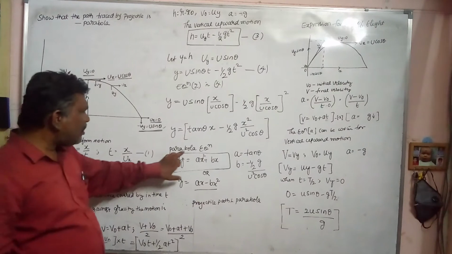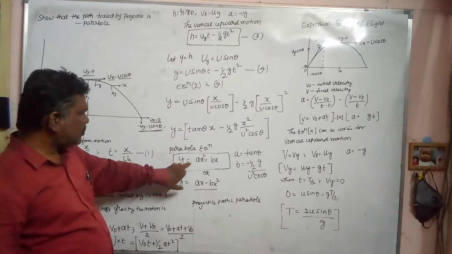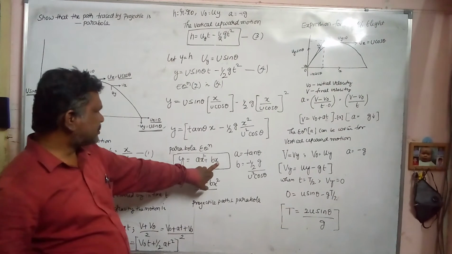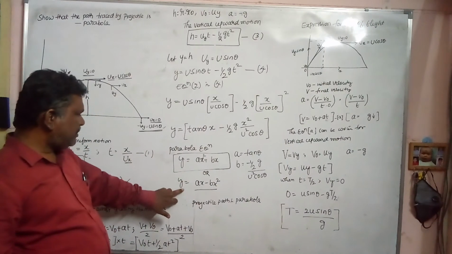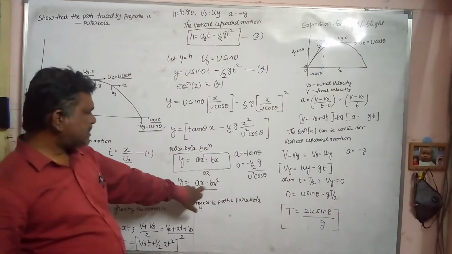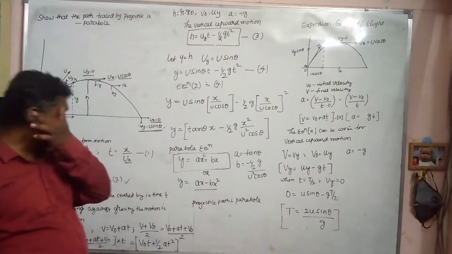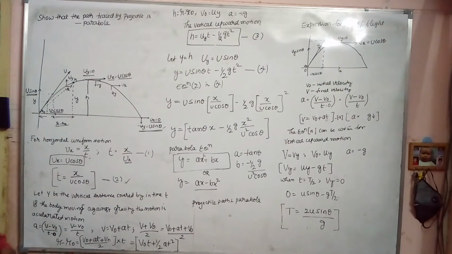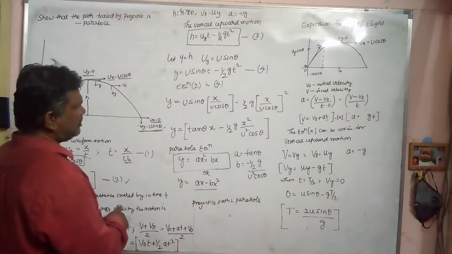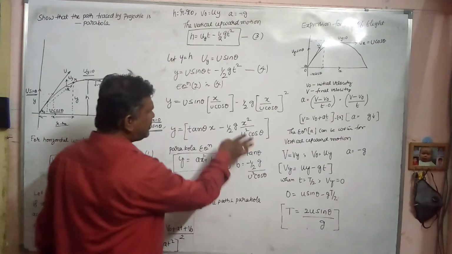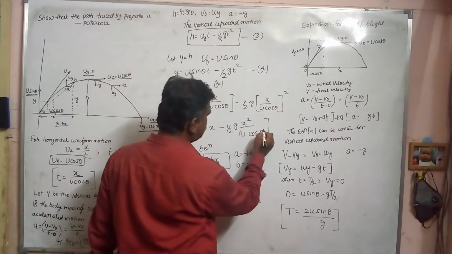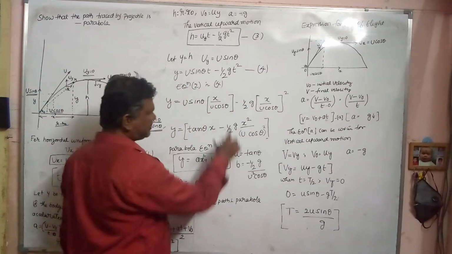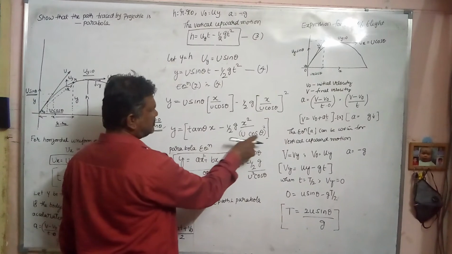The parabola equation is y is equal to ax square plus bx, or it may be in the form of y is equal to ax minus bx square. You can better have these values in the way of u cos theta square. That's the better way to represent x square by u cos theta square.